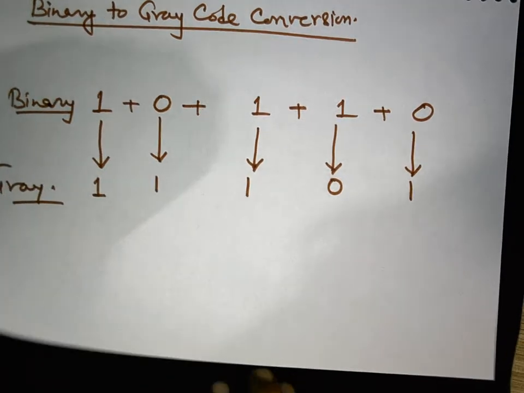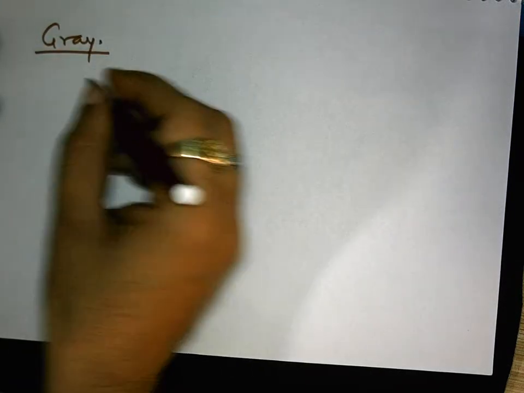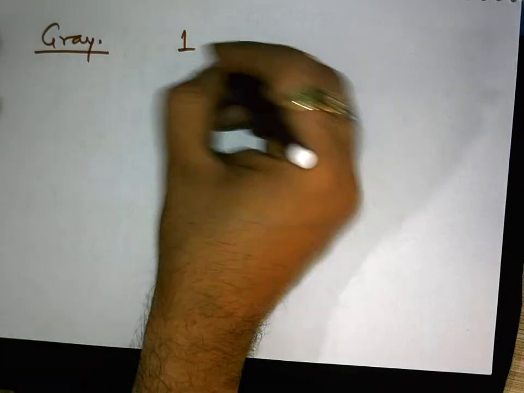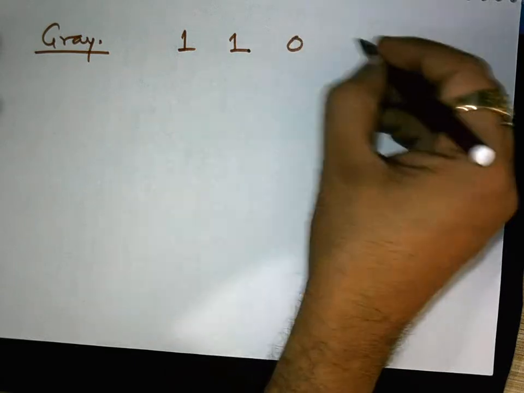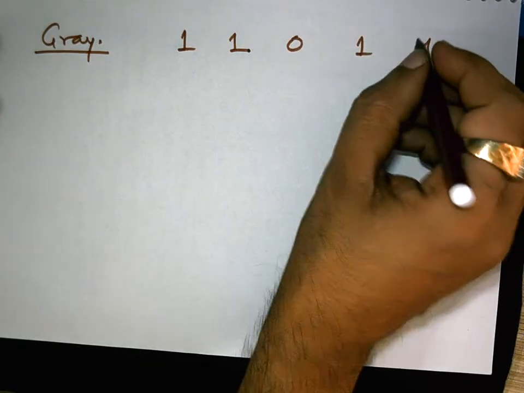So this way we can generate the equivalent Gray of any given binary, and the reverse process can also be performed. This means you can generate the binary of a given Gray. Suppose the Gray pattern is given to you, say 11011.